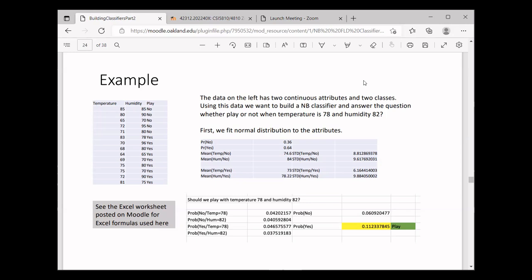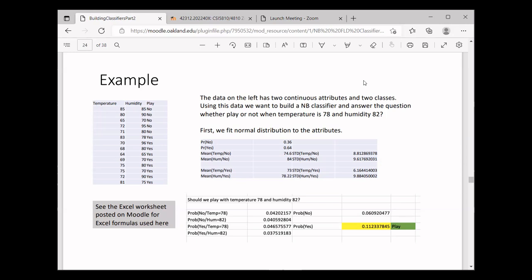All right. So what we can do is we can actually now use the Gaussian distribution to calculate the probability. All right. So let us see that probability of not playing is 0.36, because if you divide the third column play, no and yes, you will find that 36% of the data says no, 64% of the data says yes. So we have taken those numbers as our prior probability. All right, so we have 0.36 and 0.64. All right.